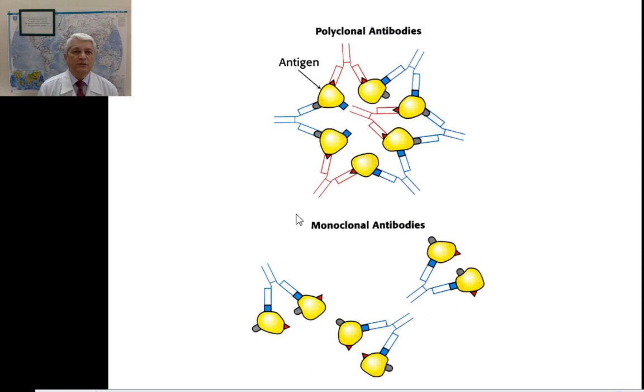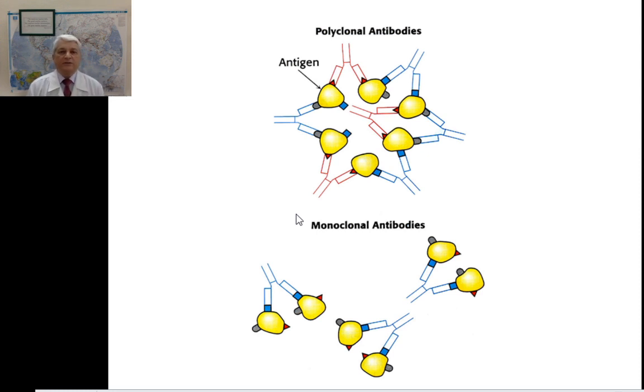Clone is the group of the cells which appeared from one cell. So one cell began to divide, and finally it produced a group of the cells which we call clone. So different clones of B lymphocytes produce different antibodies, and we call these antibodies polyclonal antibodies.